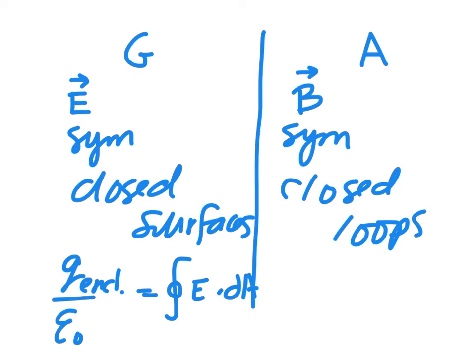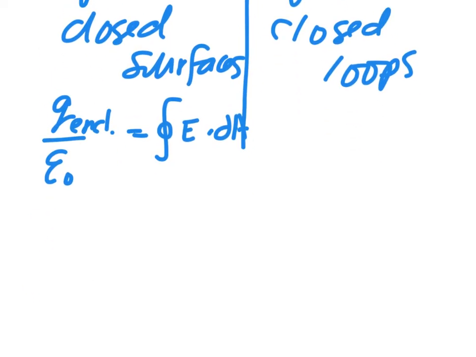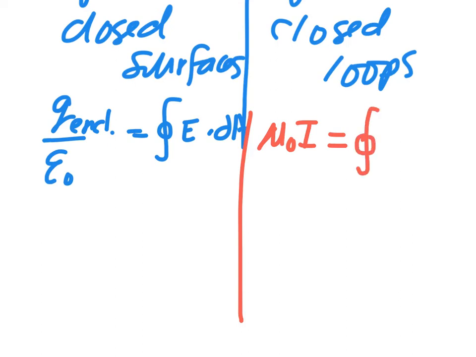Now, what Ampere's law is going to show us, I'm going to scoot this up, have some space, based on the description on the first page, which you can go back and read now and see what it all means. Now, the permeability of free space times I is going to be equal to this path integral of B dot dl.